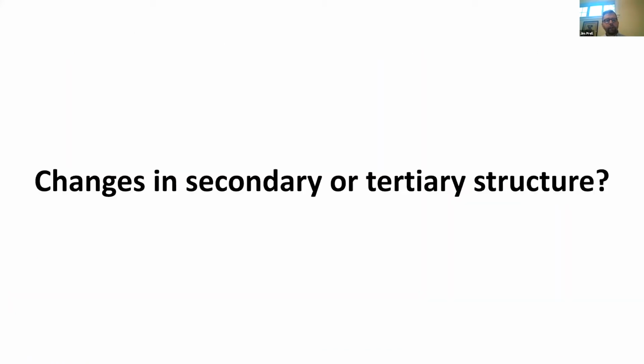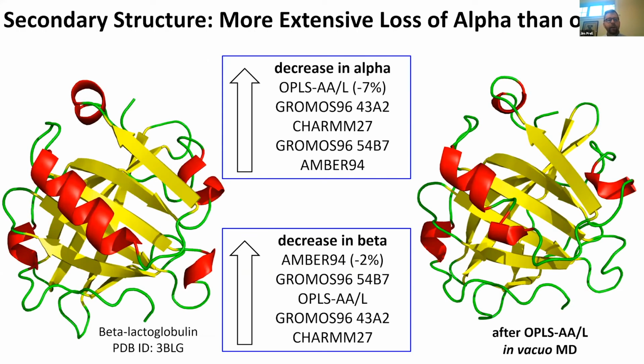We wanted to take a look in a little more detail at secondary and tertiary structure. Here's an example with beta-lactoglobulin, which is really nice because it has both beta sheets and some alpha helices. We found that all 5 of the force fields predict a slight decrease in both beta sheet and alpha helical structure, where alpha helical structure seems to be a bit easier to lose upon desiccation.